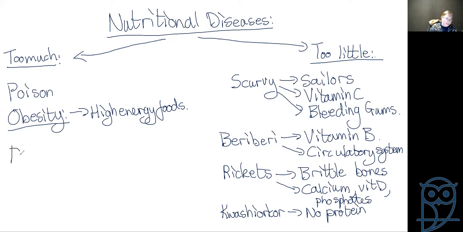Then we have diabetes. Diabetes gets put on this side of the equation, mainly due to how it is named. Diabetes literally means you have too much sugar in your blood, which is actually a bit of a misnomer and a weird way of explaining it.